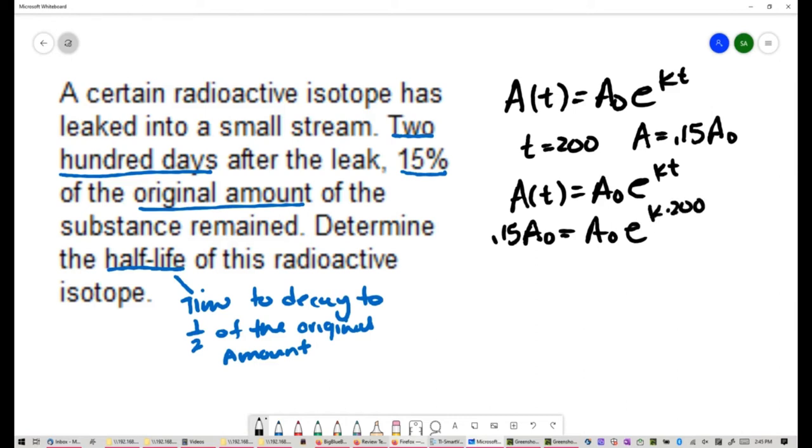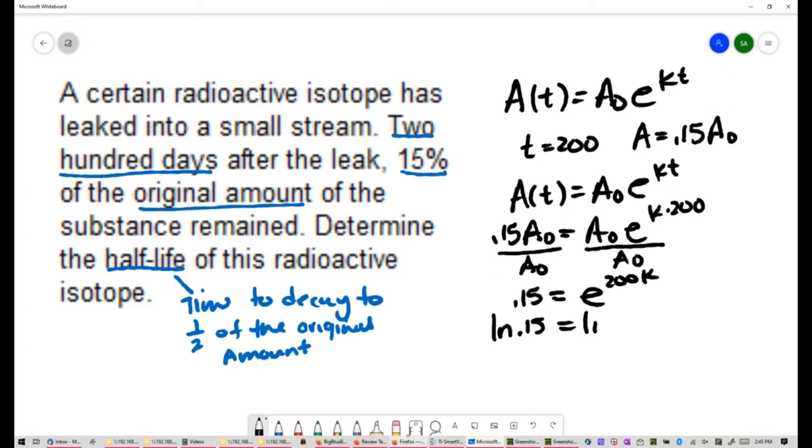I'm going to isolate the exponential by dividing by A naught on both sides. That's 0.15 equals e to the 200k. Then I'll take the natural log of both sides. It's one of my techniques for solving exponential equations.